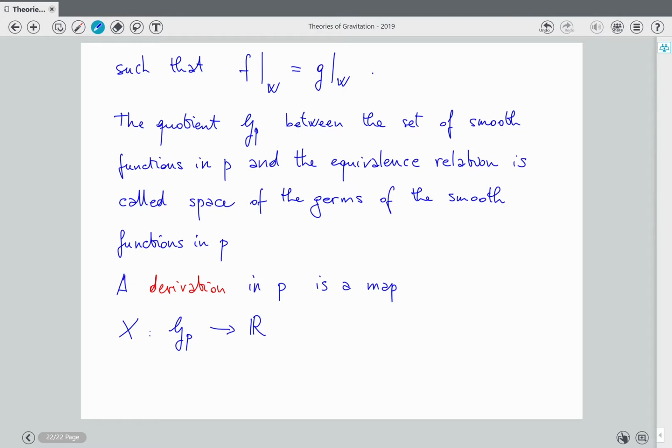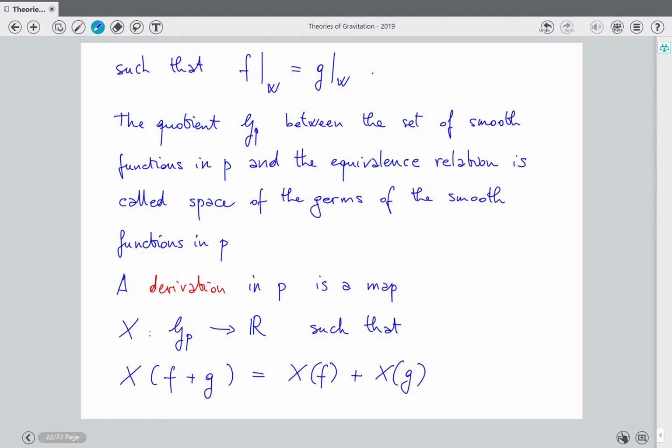So in this case, it's a derivation. A derivation is a map from these spaces such that X of a sum is the sum. So X of f plus g is X of f plus X of g.